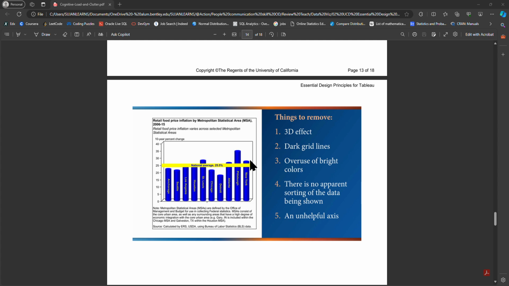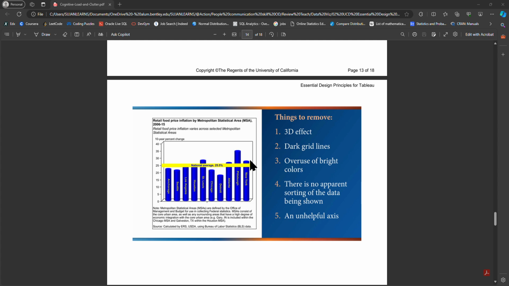Secondly, we have dark lines here, and having dark lines in a graph distracts from the key information that we want to present to the user, that is the graph itself, the numbers. That's why it is not good to have dark grid lines. Thirdly, overuse of bright colors.